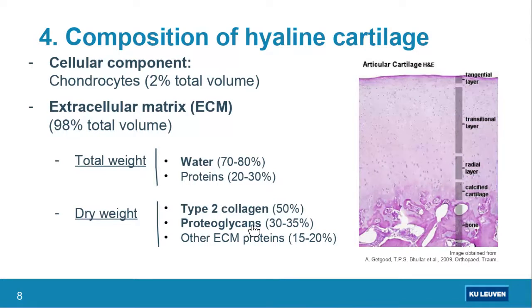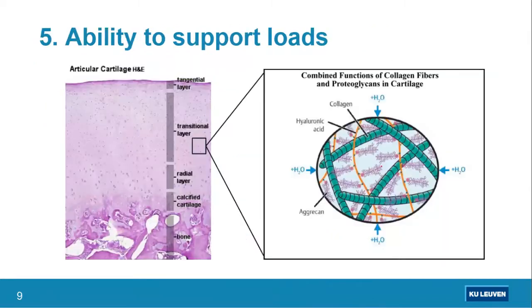It's this composition of the extracellular matrix that allows cartilage to support this mechanical loading. Here we have a cross-section of articular cartilage. If we were able to zoom in on this extracellular matrix, we could see something like this picture: a network mainly composed of collagen fibers and proteoglycans, such as the aggrecan that we have highlighted here.